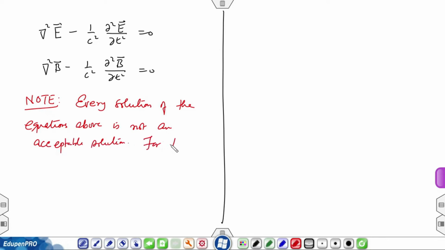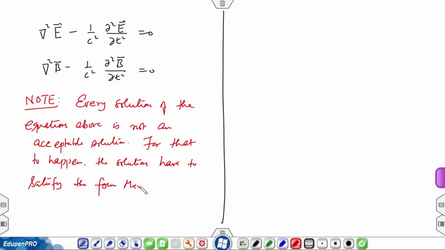For that to happen, the solutions have to satisfy the 4 Maxwell's equations. So, E and B have to be related in a certain way, divergence of E has to be 0, divergence of B has to be 0, all that has to happen. Just solving these two equations does not guarantee that, and this at times becomes easier when you deal with the potentials, right. So, this is a note of caution.